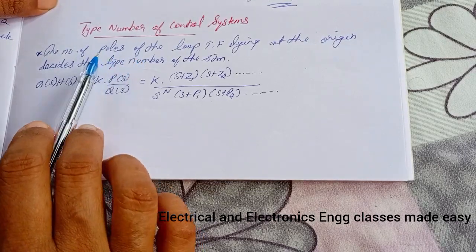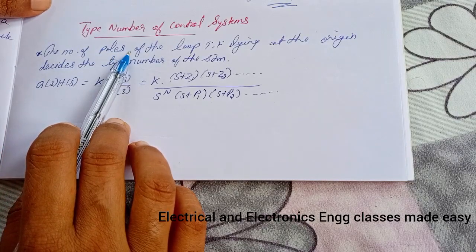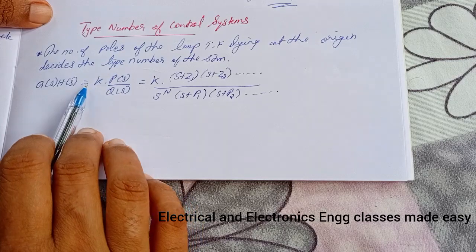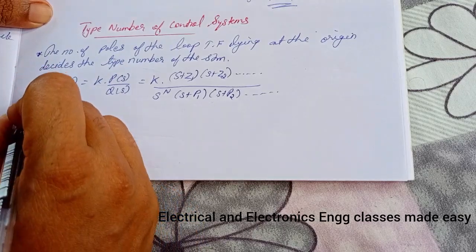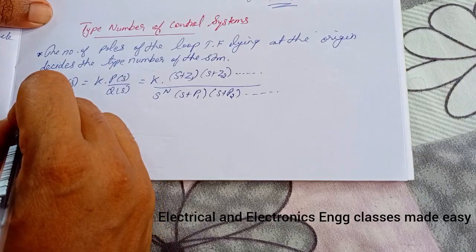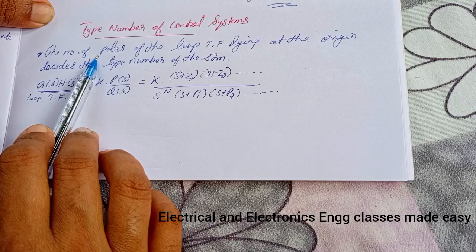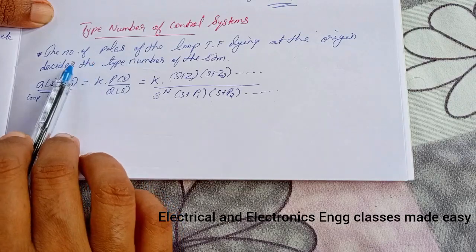So, type number of control system. The type number is specified for the loop transfer function. The loop transfer function is G(s)H(s).